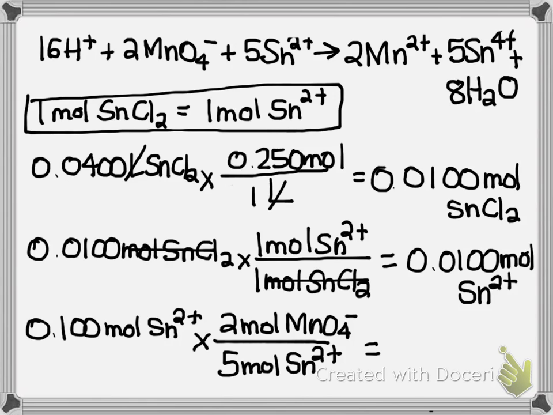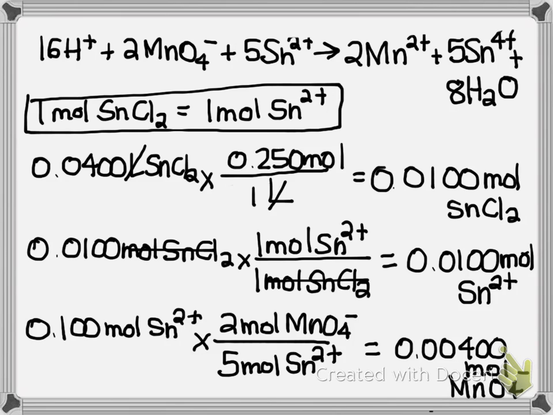So that's going to tell me if I multiply by 2 and divide by 5, then I get 0.00400 moles of MnO4 minus. So that's how many moles of MnO4 minus I would have.